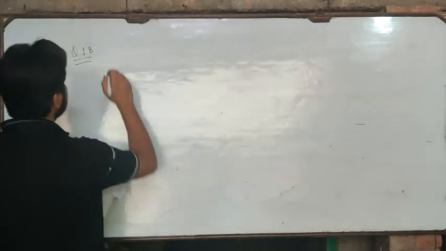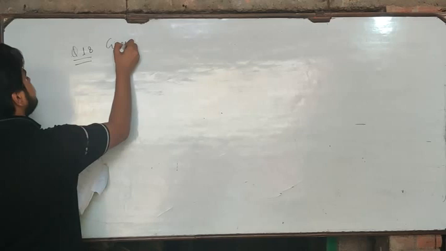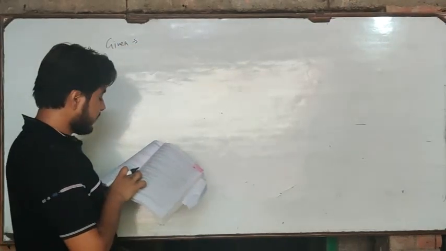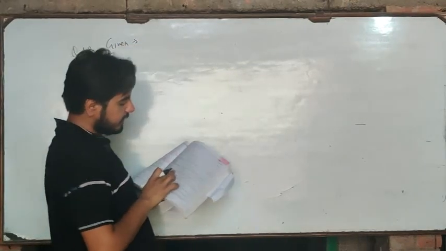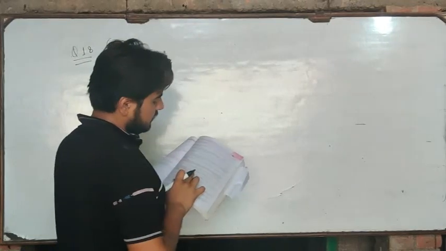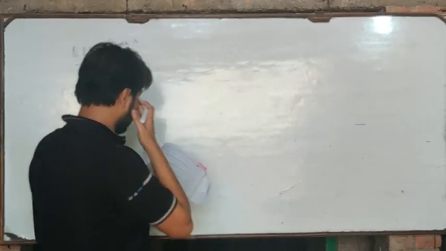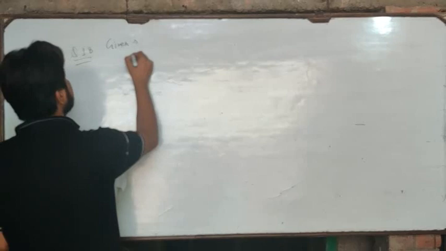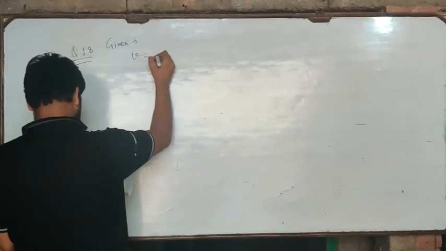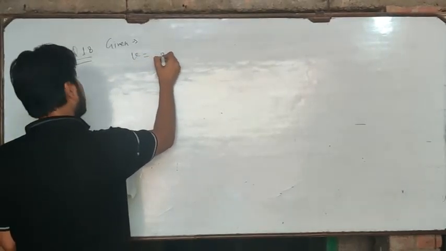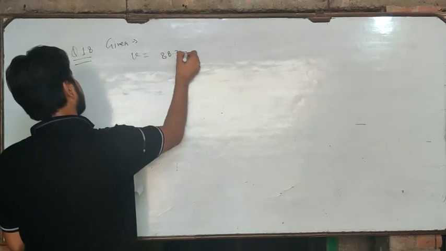What is given? A plane has a takeoff speed of 88.3 meter per second and requires 1365 meter to reach it. Takeoff speed means v, the final velocity, is equal to 88.3 meter per second.